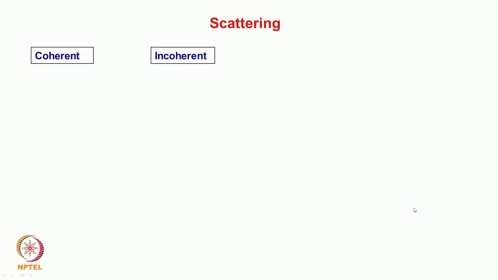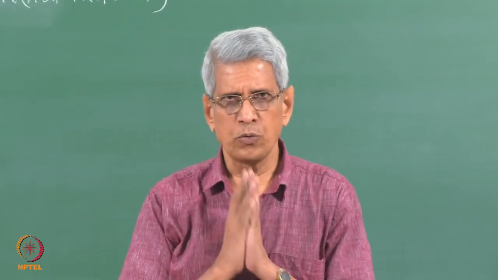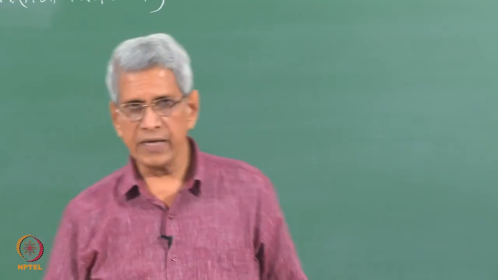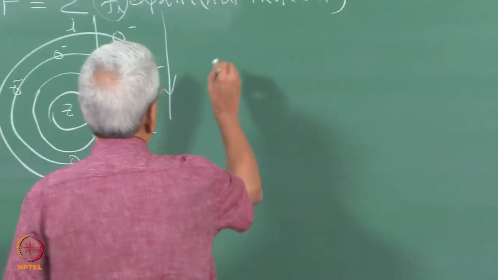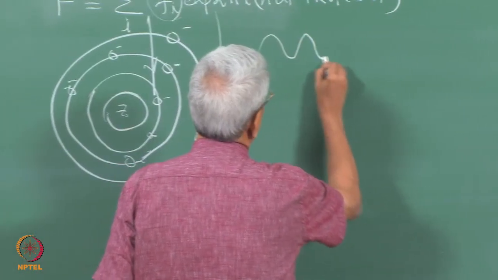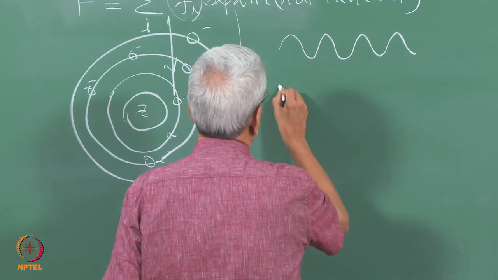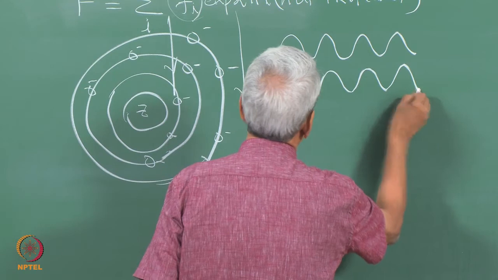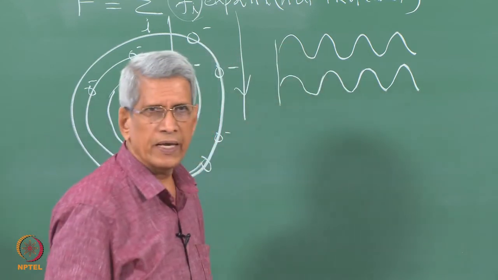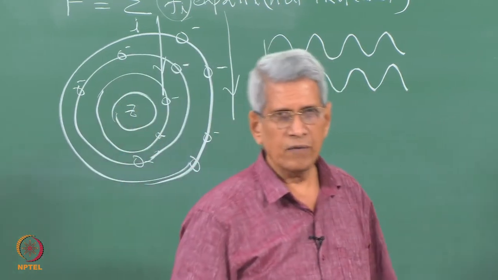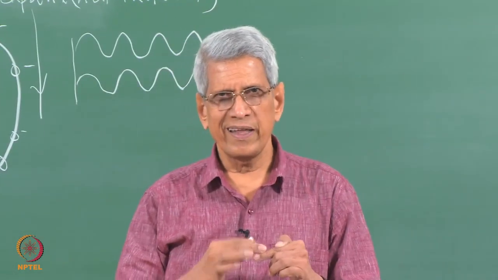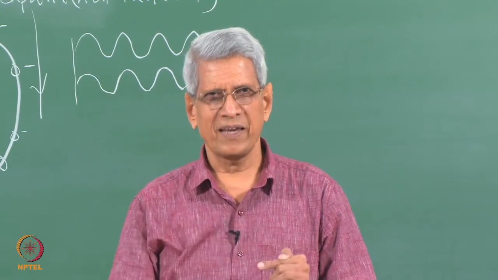What are the types of scattering which we know? The scattering can be coherent, or it could be incoherent. When do we call a scattering coherent? Scattering is coherent when one wave propagates and another wave comes, and there is a phase relationship between both the waves, exactly the same phase, or we can tell exactly what the phase relationship is going to be.